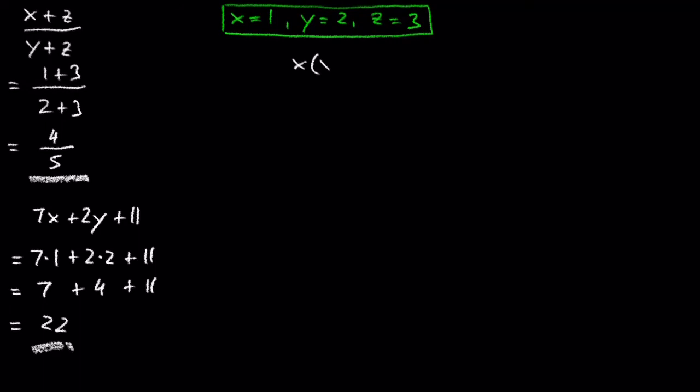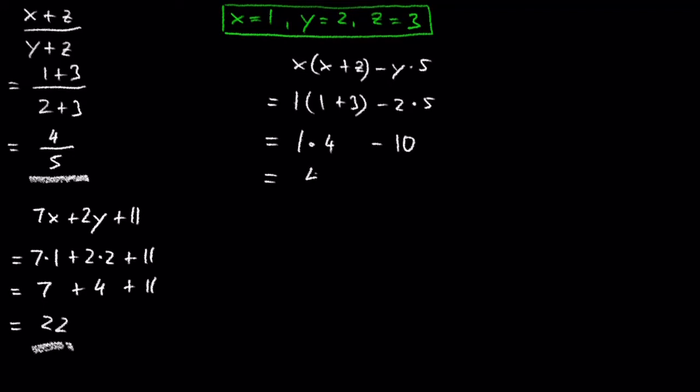X times x plus z minus y times 5 is equal to 1 times 1 plus 3 minus 2 times 5 is equal to 1 times 4 minus 10 is equal to 4 minus 10 is equal to negative 6.